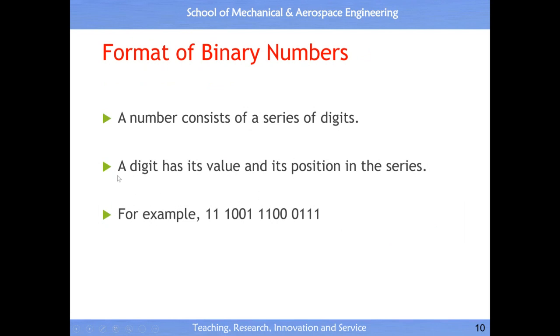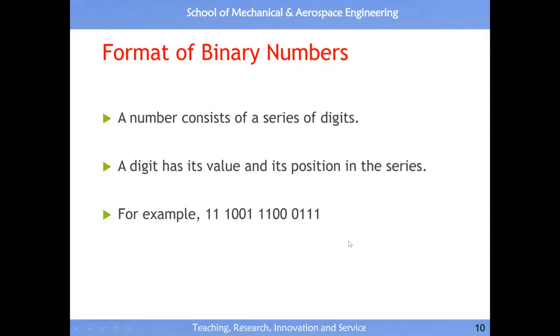Okay. Then the exact value of a digit is equal to the value of the digit times the value indicated by its position. Okay, so this is a way for us to produce a final value based on the use of digits which are aligned in a series.